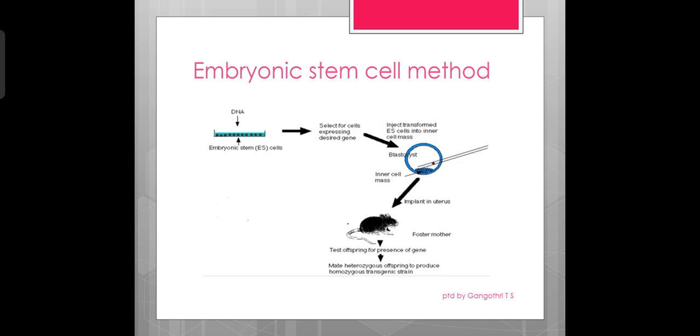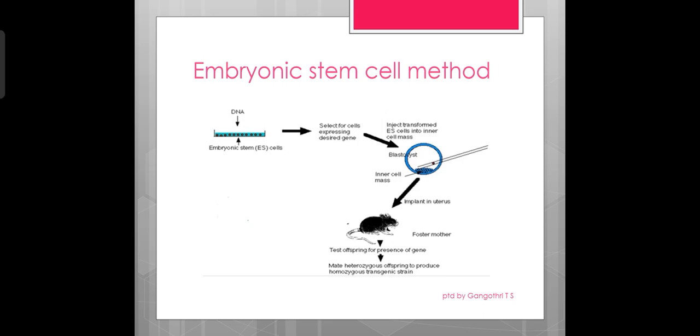Then transgenic stem cells are grown in vitro. You can see in the picture the stem cells are grown in vitro. Then they are inserted into a blastocyst and implanted into a host uterus. Cells expressing desired genes are selected.